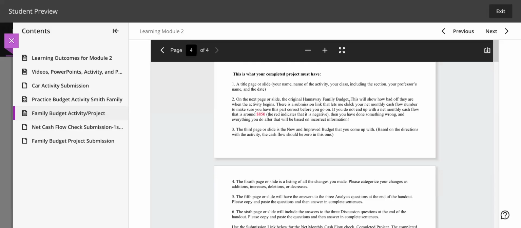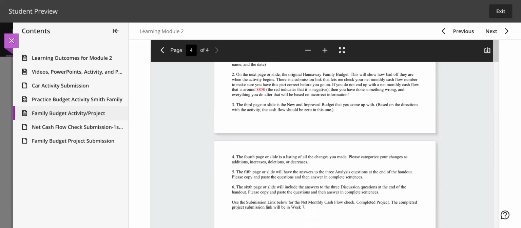So if you do this when you turn it in and we go over and check it, all you have to do is take a screenshot of the budget you came up with and put it on page 2, because that's going to be the original family budget. Page 3 is the new improved budget that you came up with based on the directions with the activity. The cash flow should be 0 in this one.